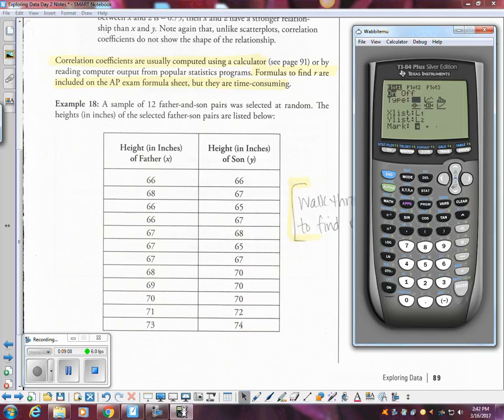And your X list should be your L1 and your Y list should be your L2. And then if you'll just go zoom, and what the storing does is the storing takes the equation and puts it into your Y1. And then I can go zoom 9, which is your zoom stat, and it shows you all your pieces of data, and it shows you your line of best fit. Okay, so if you ever needed to graph one, that's how you would do that.